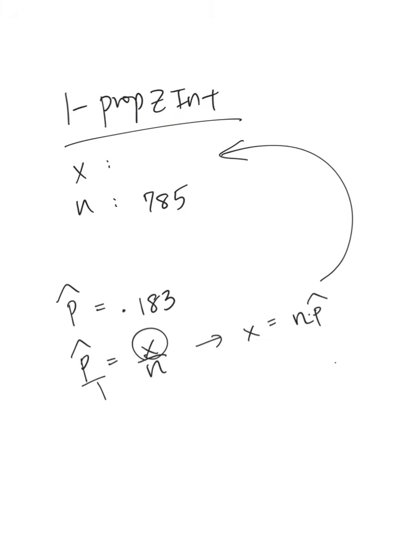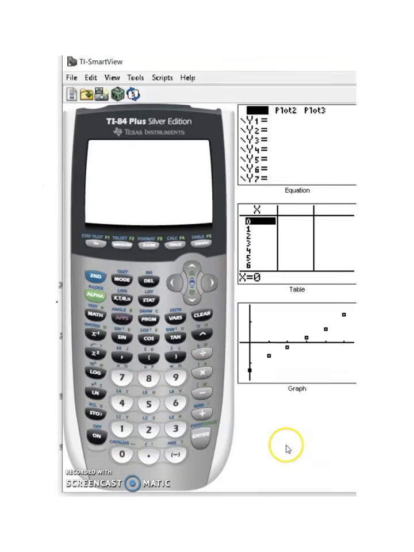So what are we exactly typing in? Well, n is 785, and you're going to multiply that by p hat, which is 0.183. Whatever the answer you get from here, that's going to be the value of x. Now, x is the number of subjects in the study, so the value cannot be a decimal number. So you need to round your answer for x. I'm going to show you that in the actual calculator in a second. So let's take a look at that on our calculator.